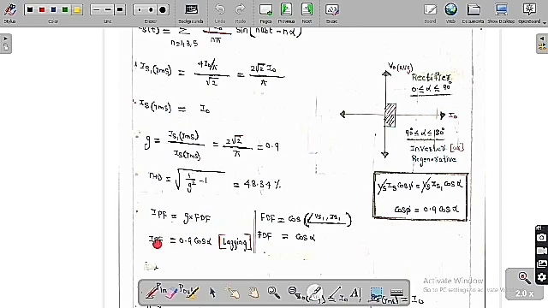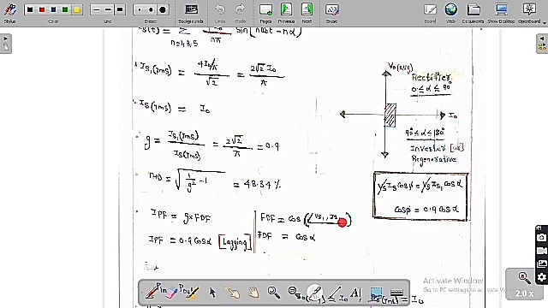Now here the input power factor is equal to the G value, which we know is 0.9, times the fundamental displacement factor, which is cos of the angle between the source voltage and the fundamental component of the source current. You can see clearly here the source voltage is Vm sin omega t, whereas the fundamental component of the source current is 4 I naught by pi into sin of (omega t minus alpha).